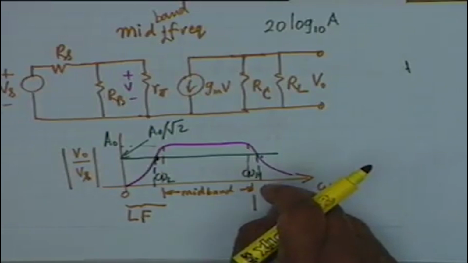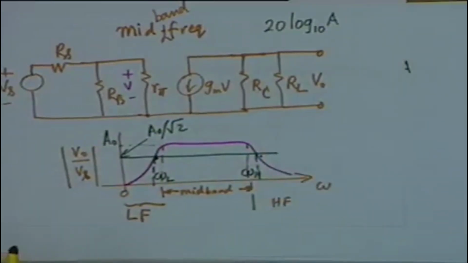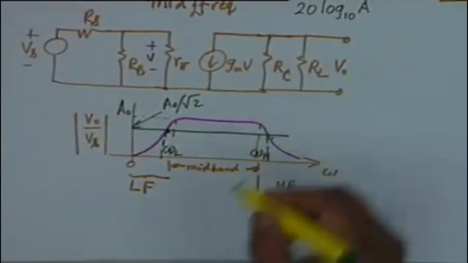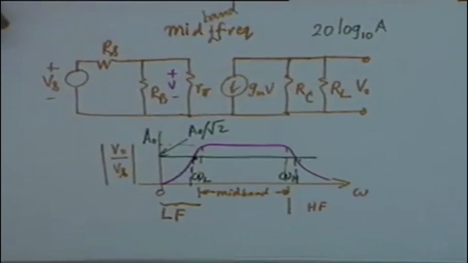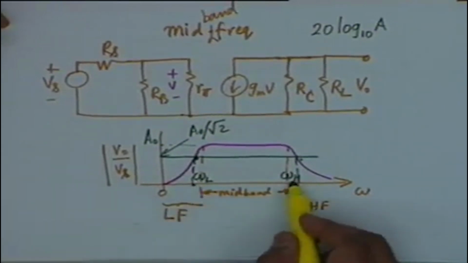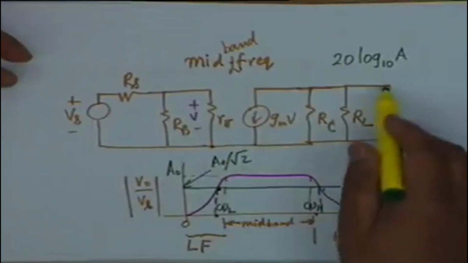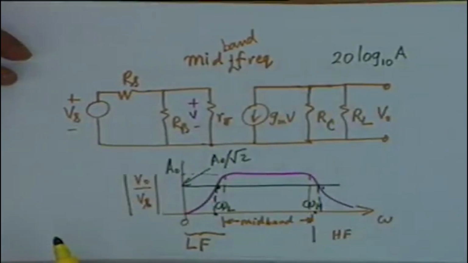That is the frequencies at which the gain is down by 3 decibels, 3 dB points, omega L and omega H. Alright, we shall calculate what omega L and what omega H is for the RC coupled amplifier, but at the present time we are concerned with the calculation of the mid-band gain.